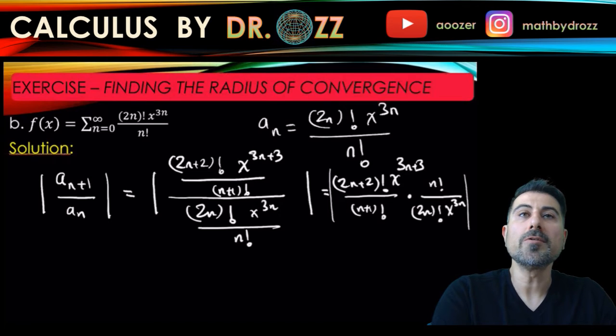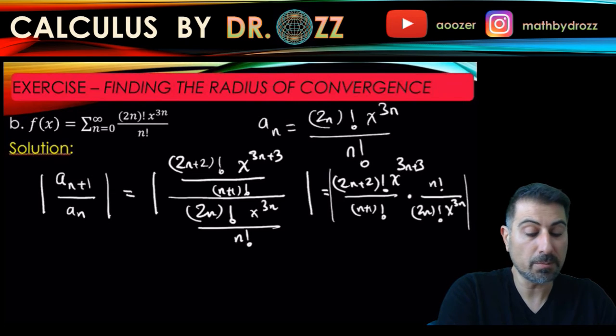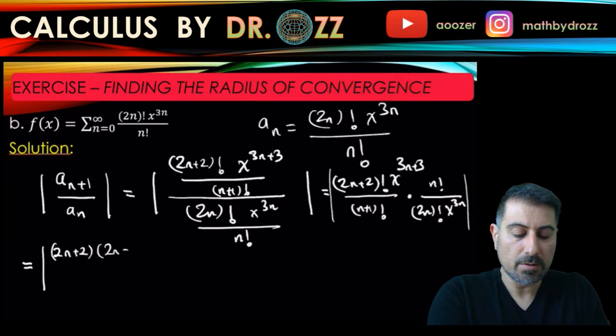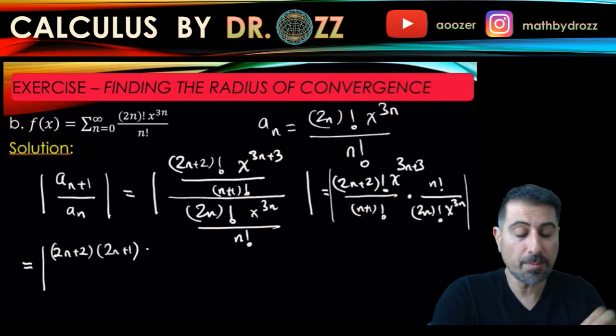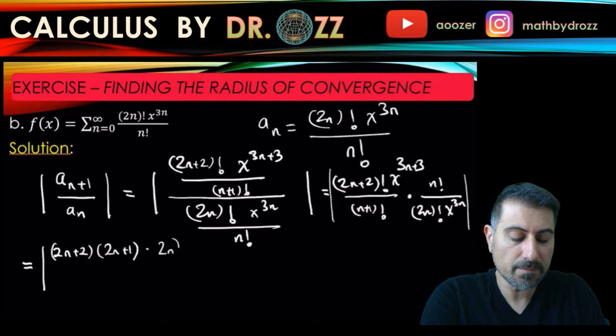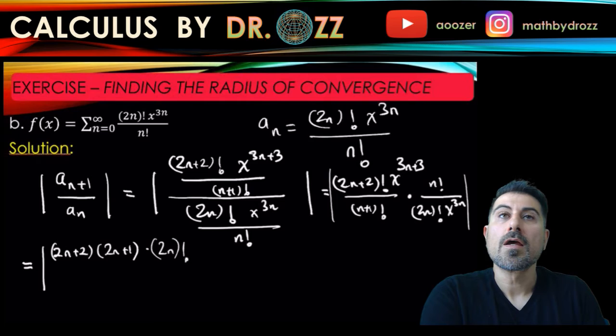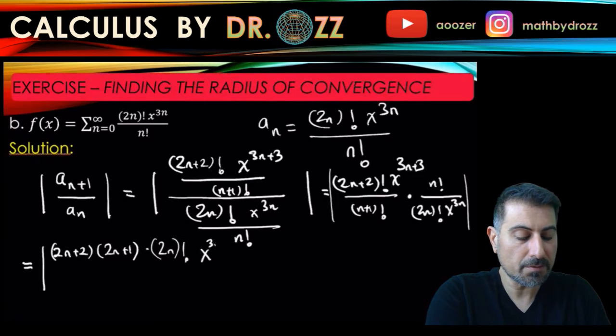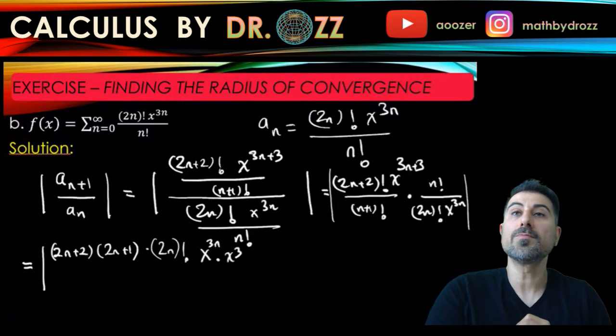All right, what I'm going to do next is to use the properties of factorial and the exponential numbers here. So 2n+2 factorial is (2n+2)(2n+1) times 2n, (2n-1), and so on, but that's (2n)!, right? And x to the power of 3n+3 is x^(3n) times x cubed.